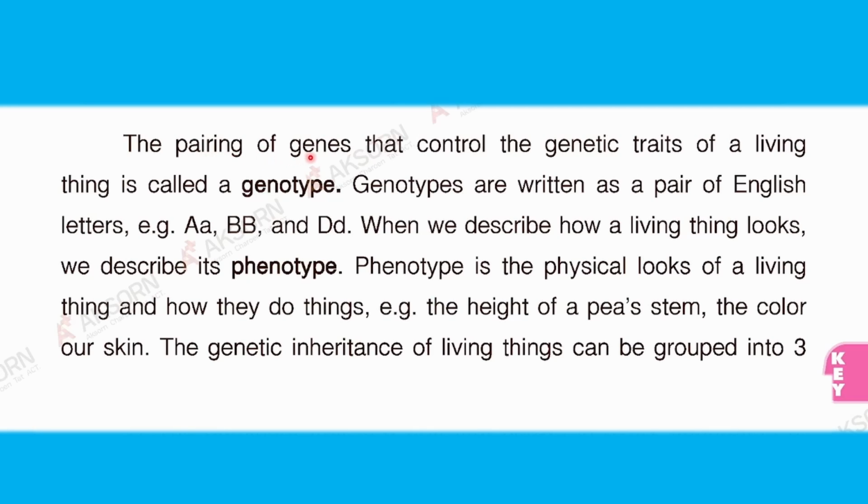The pairing of genes that control the genetic traits of a living thing is called a genotype. Genotypes are written as a pair of English letters. Example, AA, BB, and DD.